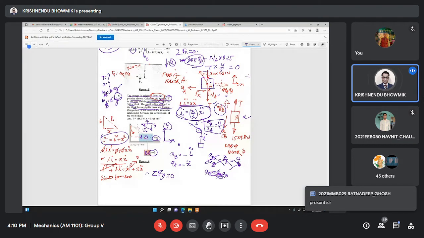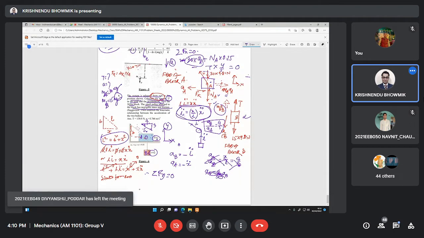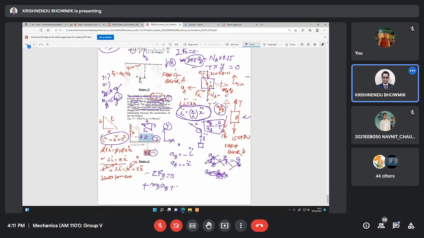So Fy equal to 0 will be, it is moving in the downward direction, plus T minus 15 multiplied by 9.81.